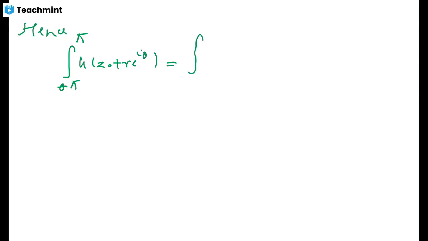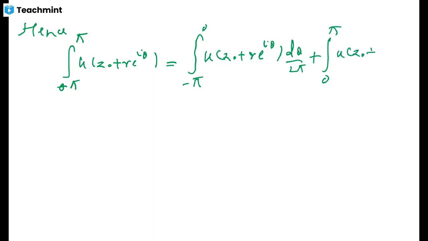Hence, this average, minus pi to pi of u at z naught plus r e^{i theta}, is equal to the integral from minus pi to 0 of u at z naught plus r e^{i theta} d theta upon 2 pi, and another part, 0 to pi, of u at z naught plus r e^{i theta} d theta.